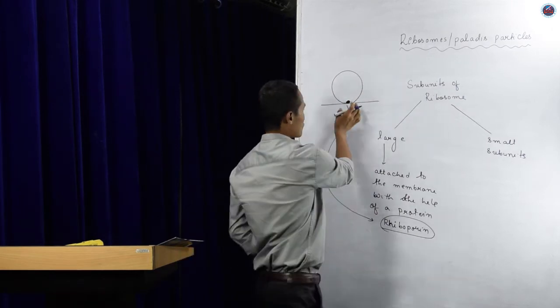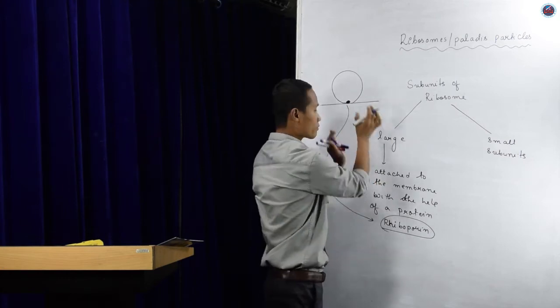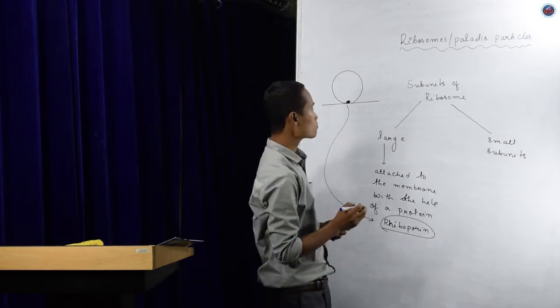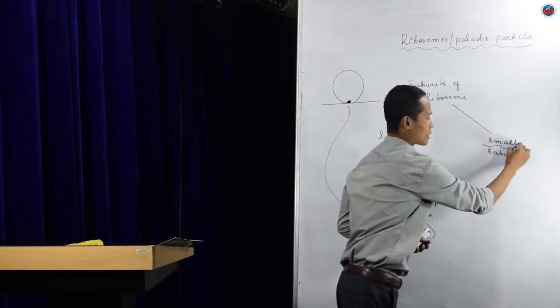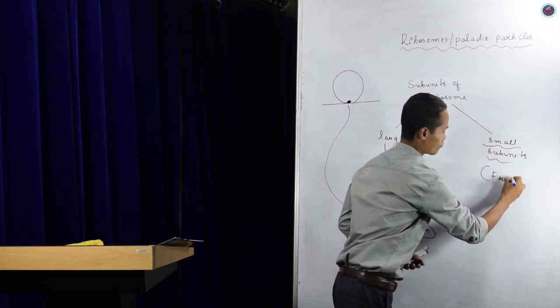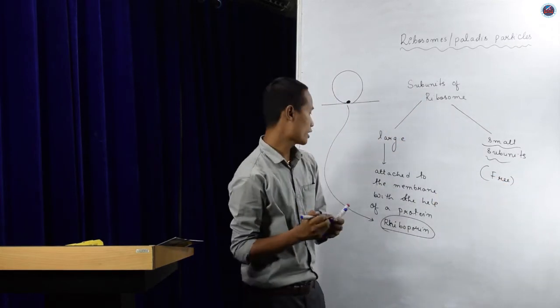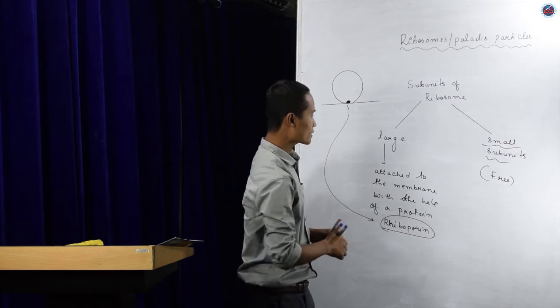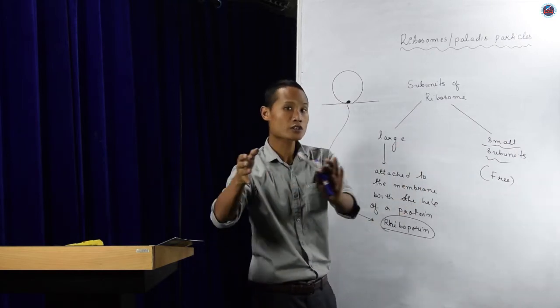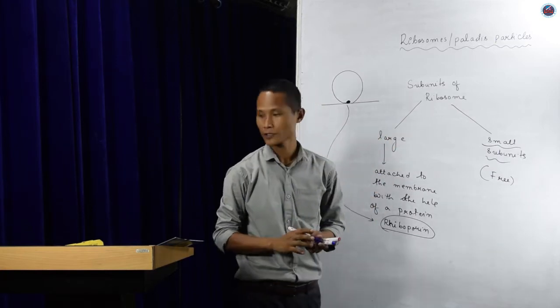So the binding of the larger subunit to the membrane is held by ribophorin. Smaller subunits are usually free in the cytoplasm, and once the larger subunit comes into action, the smaller subunit also comes and binds.